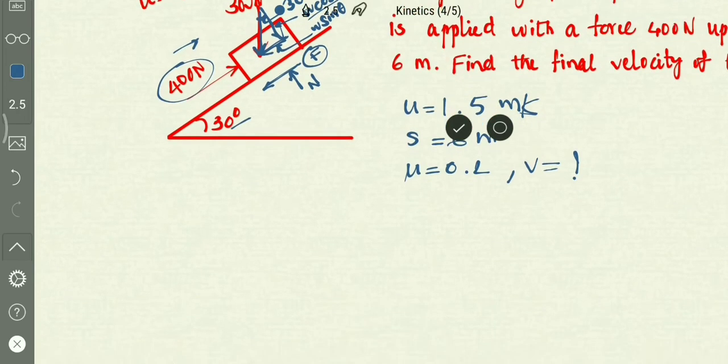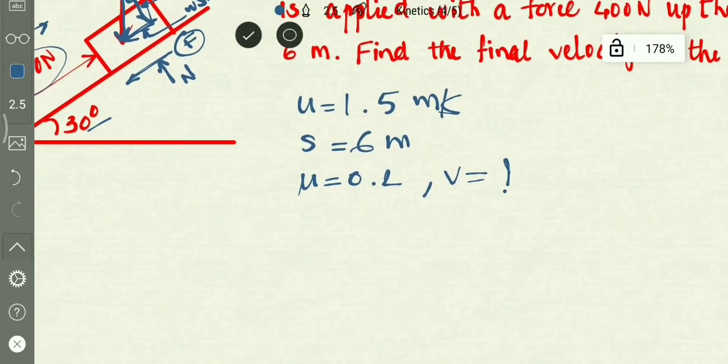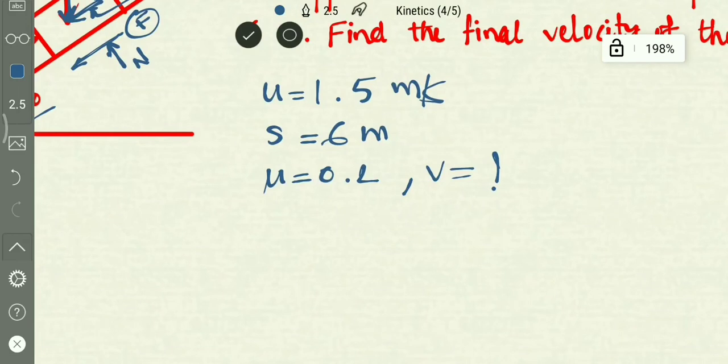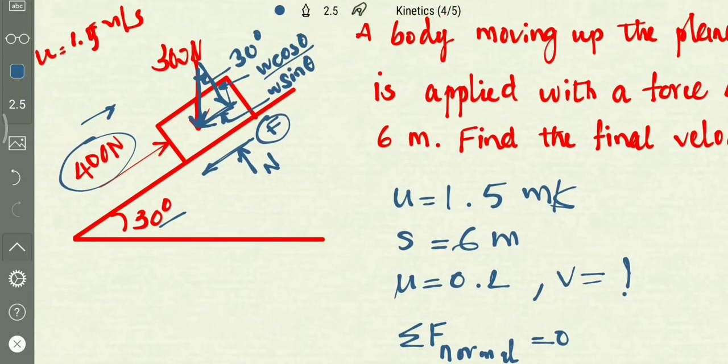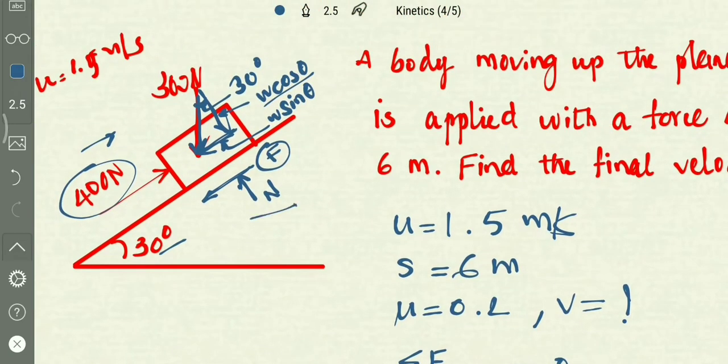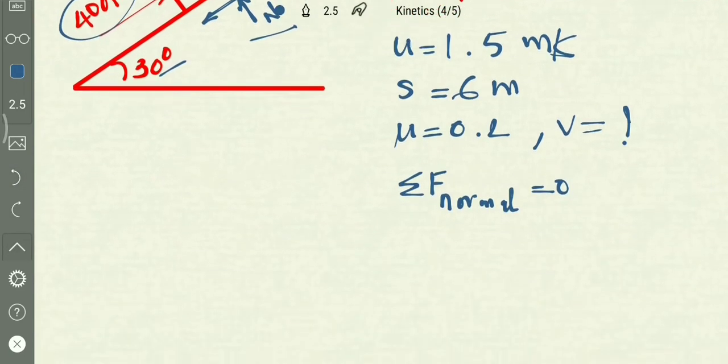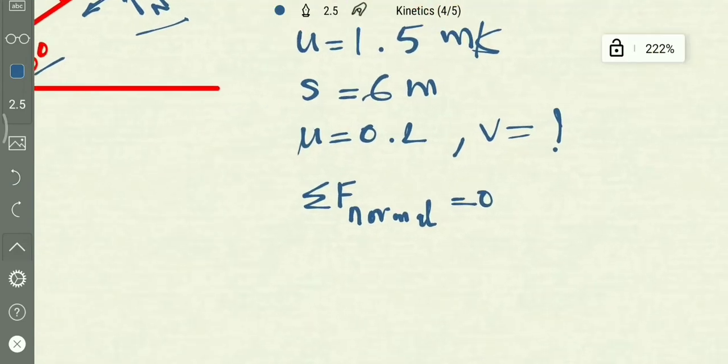So if we balance these forces, let us say sigma F normal is equal to 0, balancing the forces perpendicular to the plane. What are the forces perpendicular to the plane? There is the force N and the weight component W cos theta.